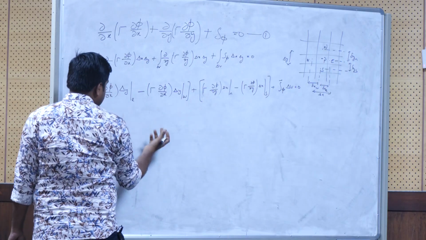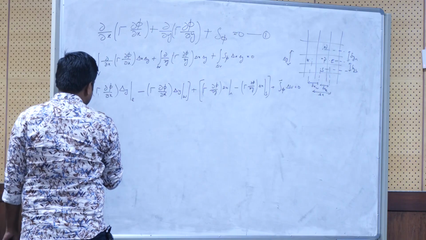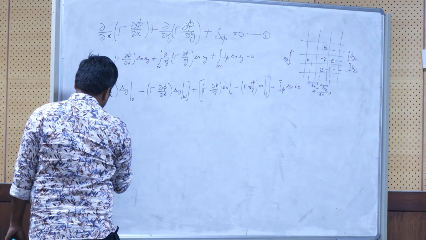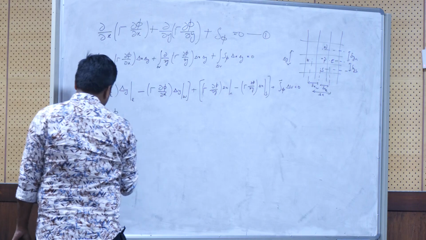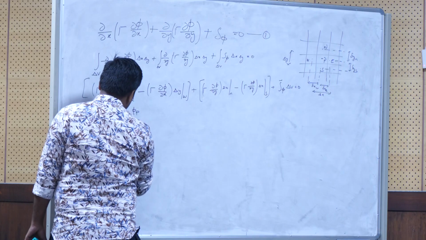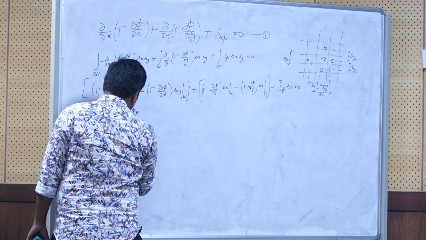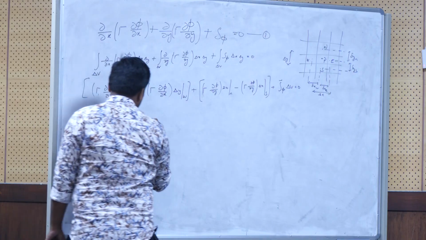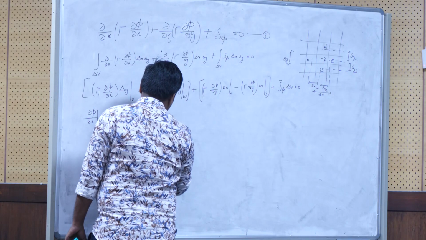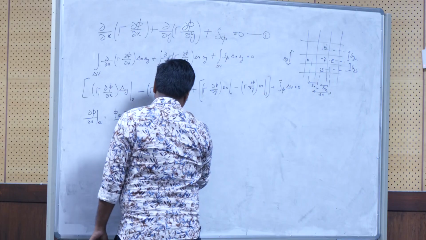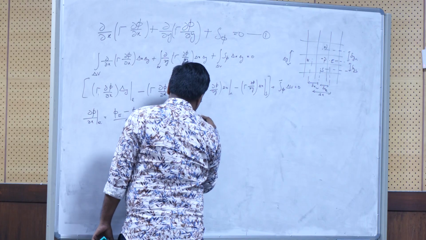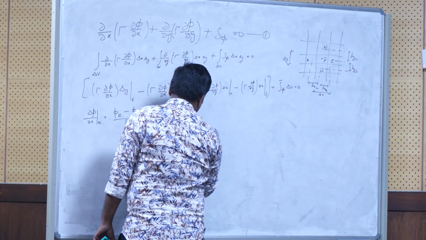We substitute in the limits and write the Fick's phase terms. Dou phi by dou x at e, we write phi e minus phi p divided by del x e. Dou phi by dou x at w, we write phi p minus phi w over del x w.